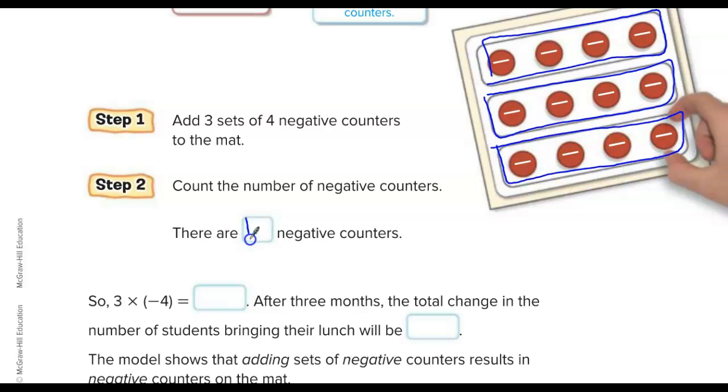Okay, so there are 12 negative counters. So 3 times negative 4 is negative 12. After 3 months, the total change in the number of students bringing their lunch will be negative 12. This model shows that adding sets of negative counters results in negative counters on the mat, so your answer would be negative.